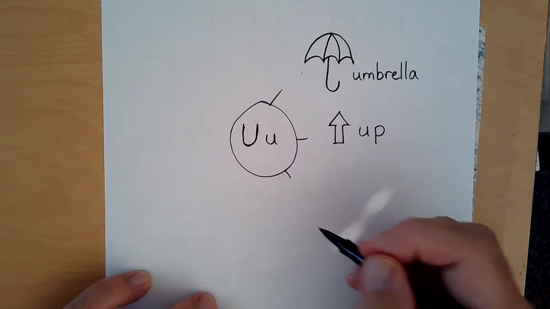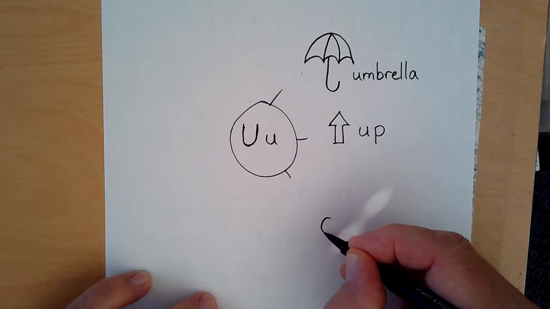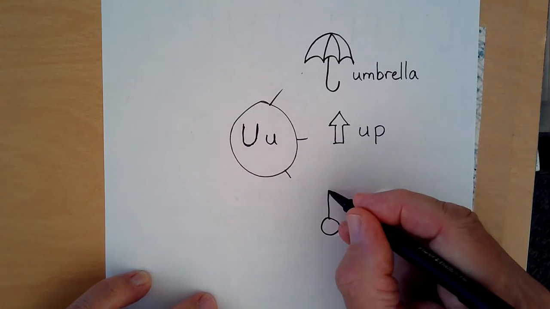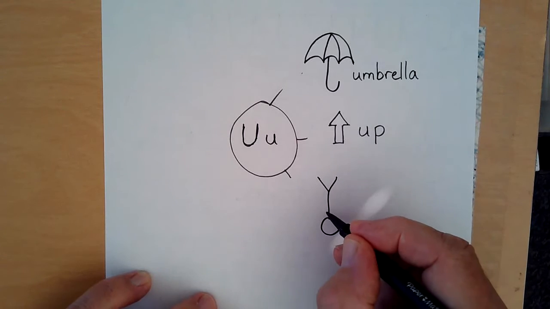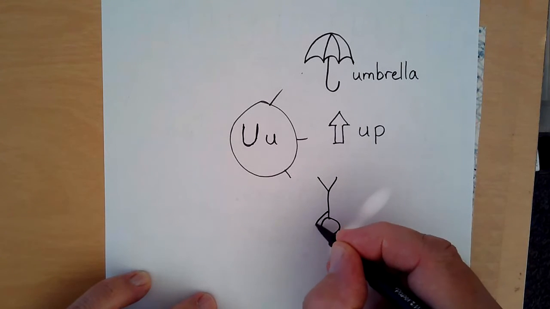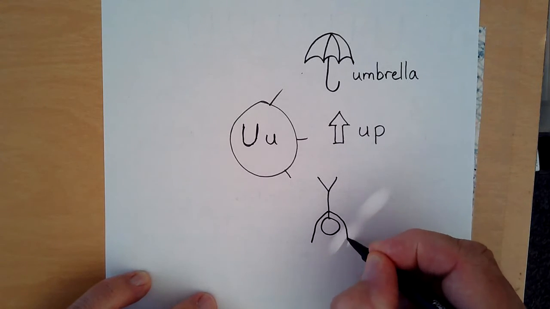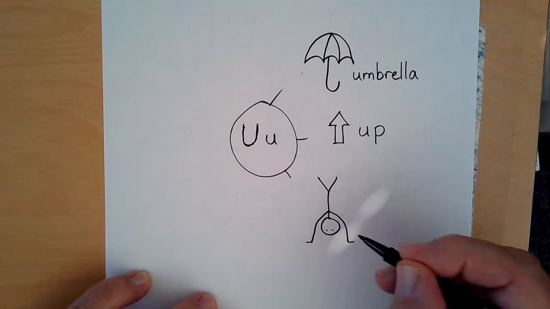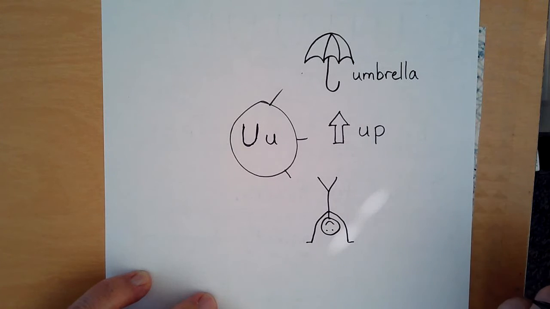And, I don't know what else. Here we go. How about I do this? Okay, this, and I'll take my arms and go like this, and my hands are out like this. And here's an eye, and there's an eye. And even though it's upside down, it's smiling.